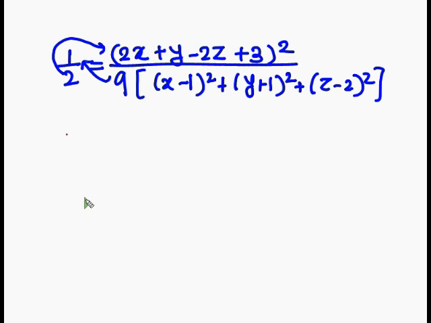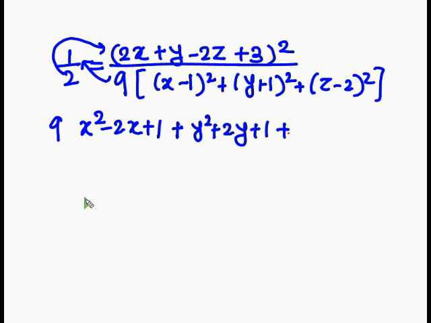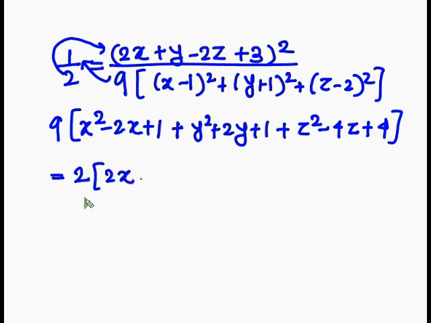So we get 9 times (x minus 1) square is x square minus 2x plus 1, plus (y plus 1) square is y square plus 2y plus 1, plus (z minus 2) square is z square minus 4z plus 4, is equal to, multiplying with this 2, to the (2x plus y minus 2z plus 3) the whole square.